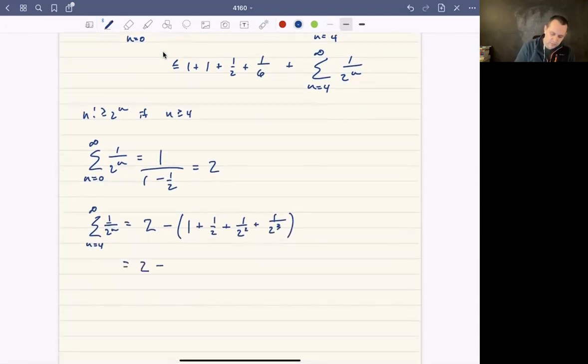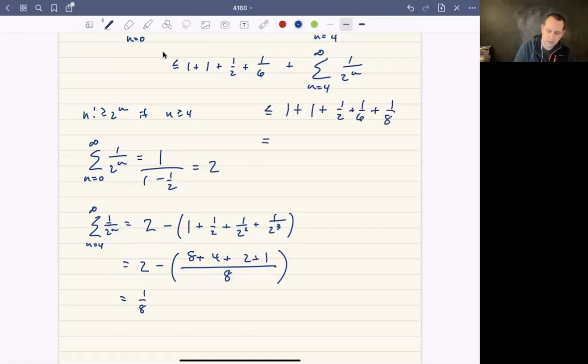So this is going to be 2 minus, let's see, 1 plus a half plus a fourth plus an eighth, all over 8. So this is 1/8, 2/8, 4/8, and 8/8. That's 15/8. And so 2 minus that is going to be 1/8. Is that right? I think that's right. And so what this tells you is that the sum is less than or equal to 1 plus 1 plus a half plus a sixth plus 1/8. And in particular, it converges.